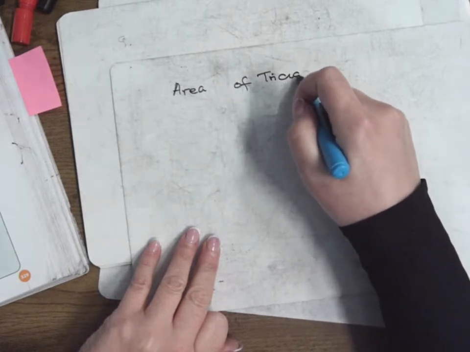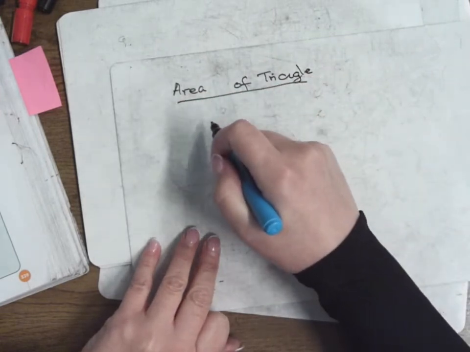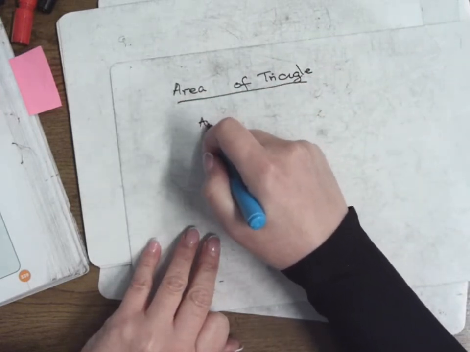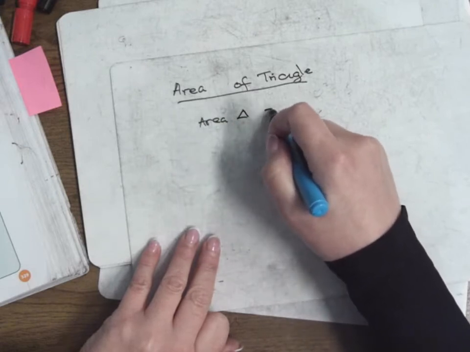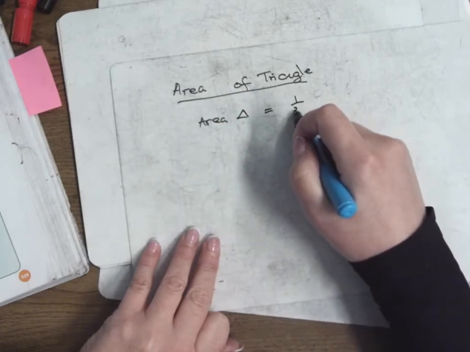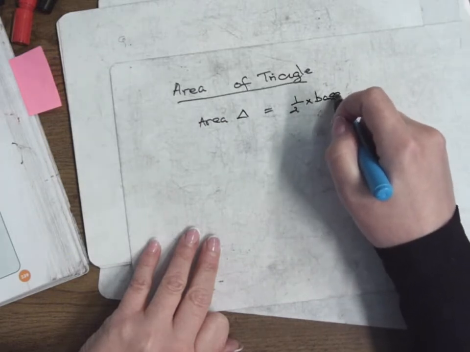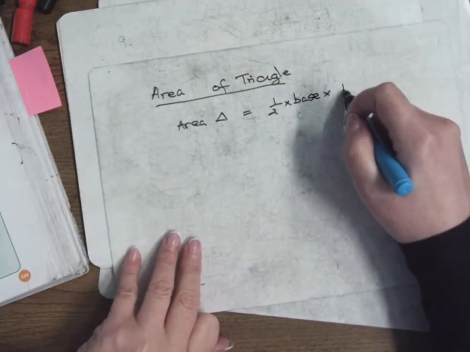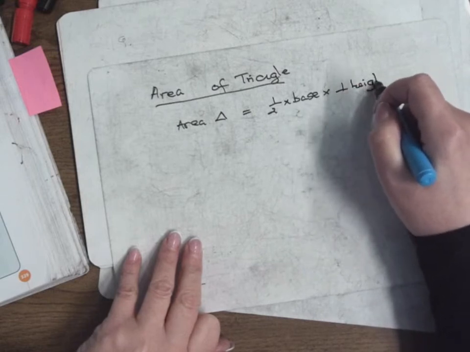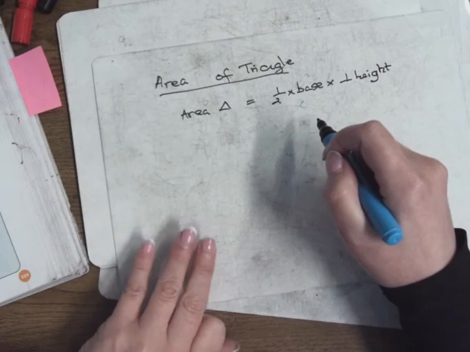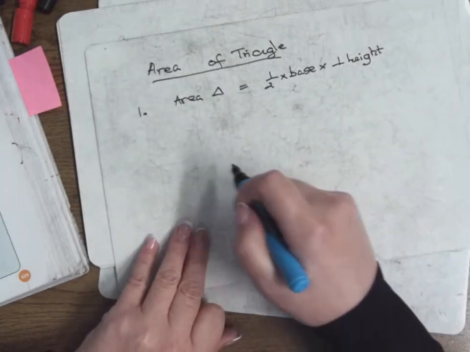The area of a triangle equals a half multiplied by the base multiplied by the perpendicular height. We know this is just revision, so that's fact number one you need to know about areas of a triangle.